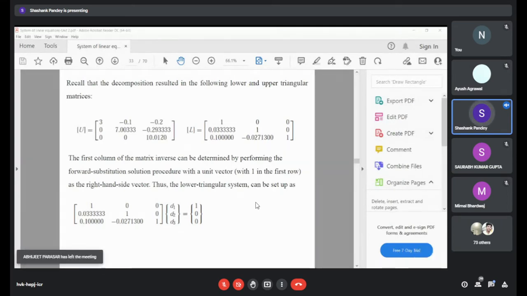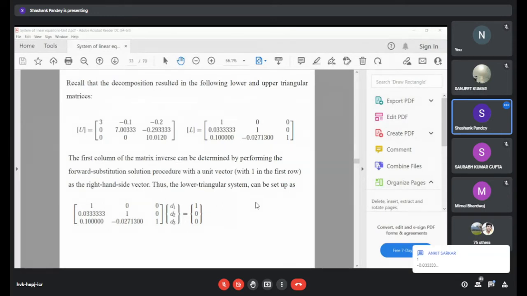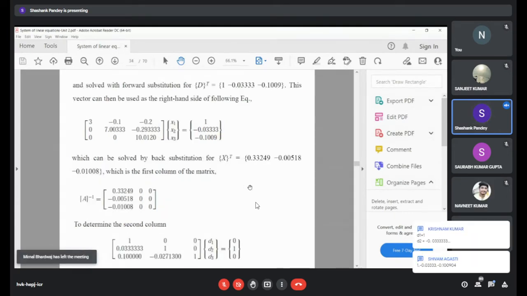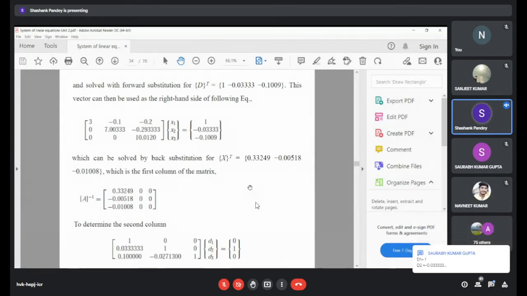It depends on your honesty whether you are solving it on your own or simply looking at the answers others have written. Okay, Ankit, one more value. Okay, you have given three values. Very good. So the terms we are getting are 1, minus 0.0333 and minus 0.1009.